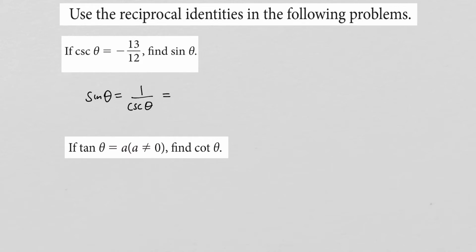So if cosecant is negative 13 over 12, sine is going to be 1 over negative 13 over 12. And that's going to be 1 times negative 12 over 13. And of course, that is negative 12 over 13. And again, the quick way to do it is you simply take this fraction here and you're just flipping it over. You're just taking the reciprocal.